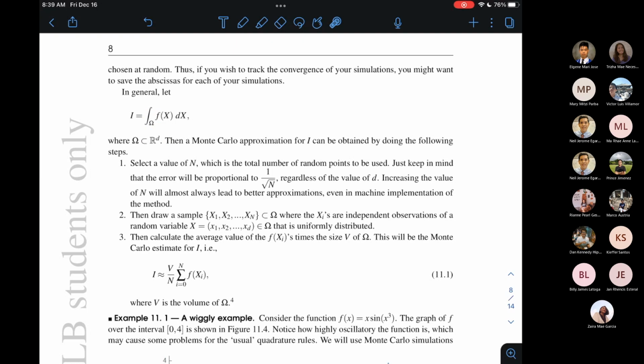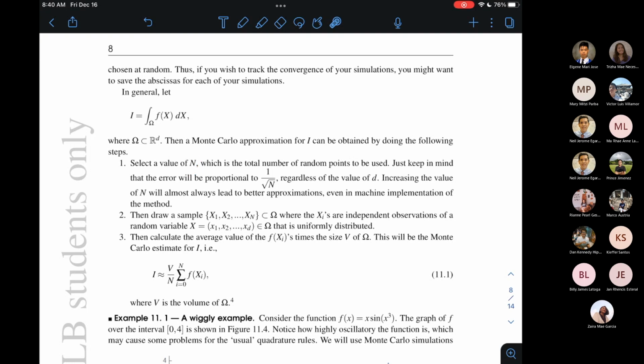So ibig sabihin, si omega ay pwedeng maging halimbawa two-dimensional. So pwedeng d equals 2. So nasa R squared ka. Region of integration mo ay R squared. So ang integral mo, dalawa yung variables. So if omega is in R3 or is a subset of R3, then we expect f to have 3 variables and so on, right?